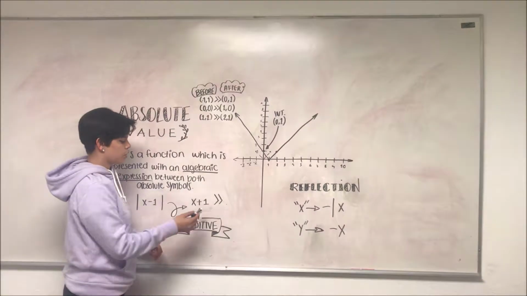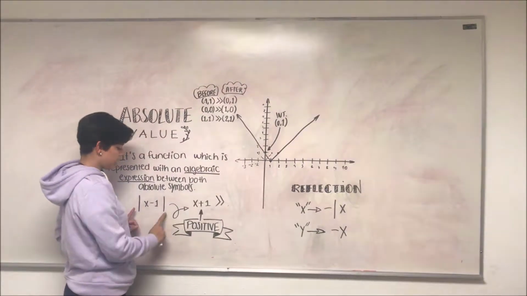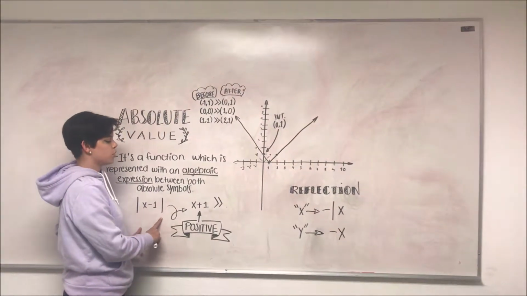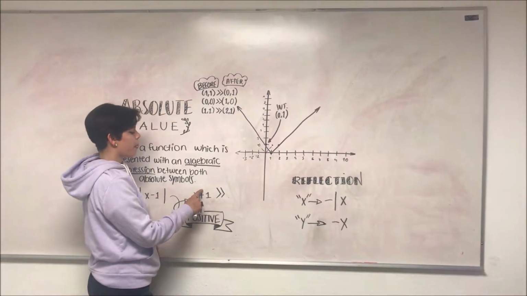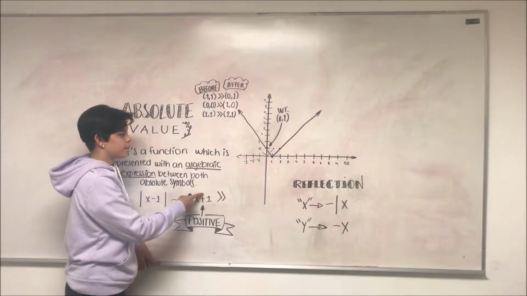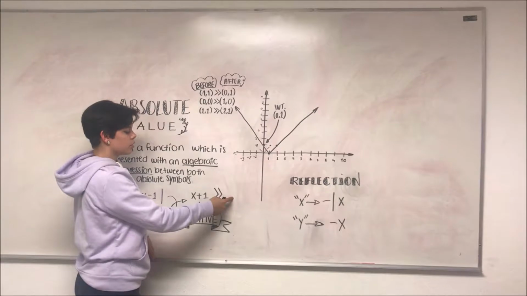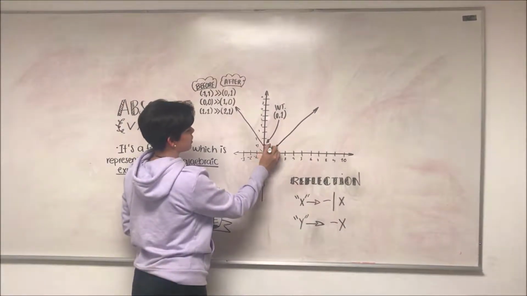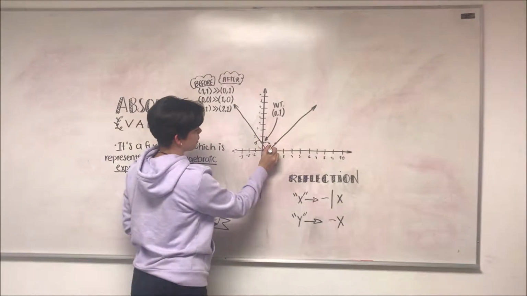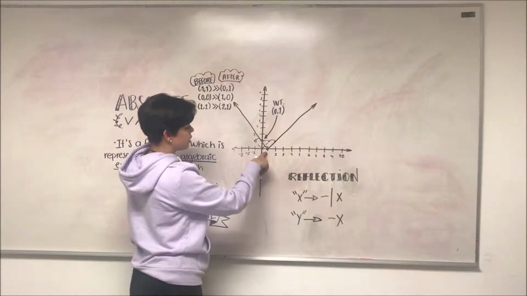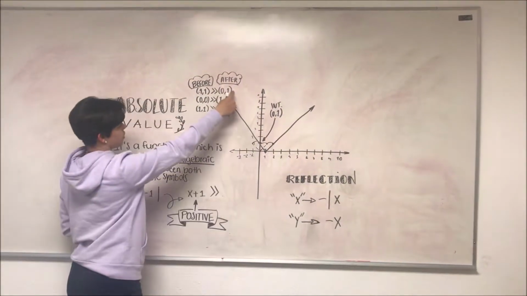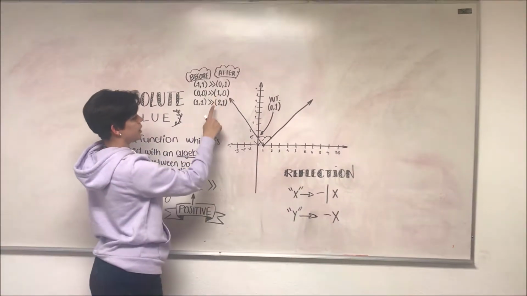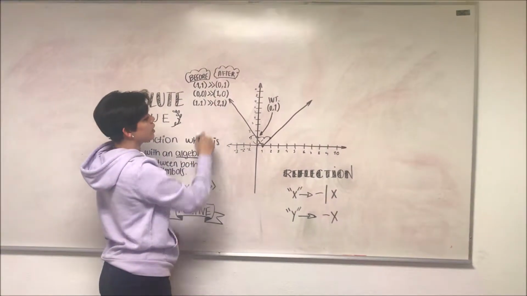But in this case, the plus is inside the absolute value symbols, which makes it go to the right, sorry. It moves one space here, and one space here. So the new points are (0, 1), (1, 0), and (2, 1).